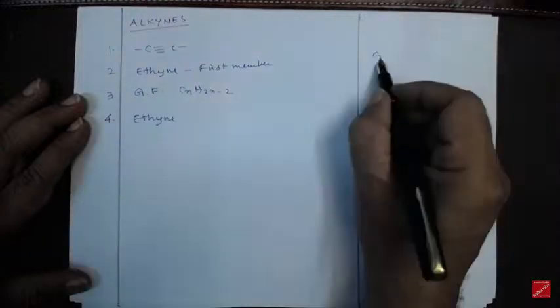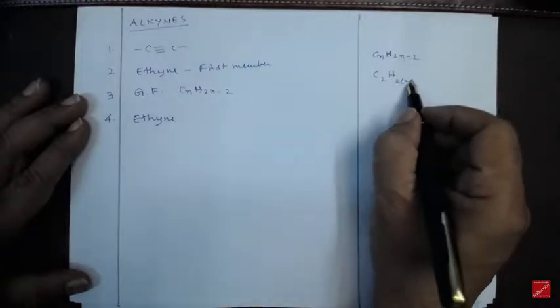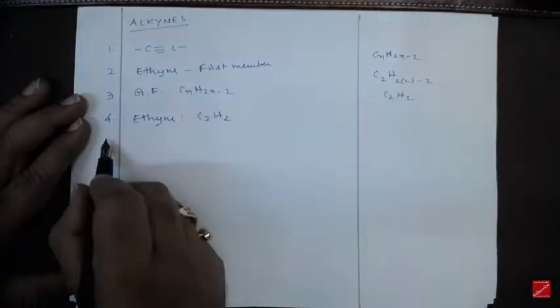For example, when we draw it, 2n minus 2 means C2H(2 times 2 minus 2). So C2H2.